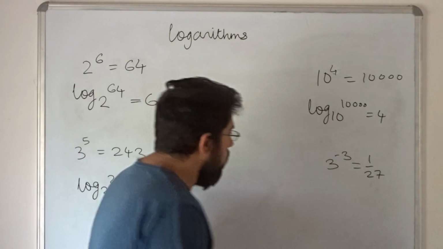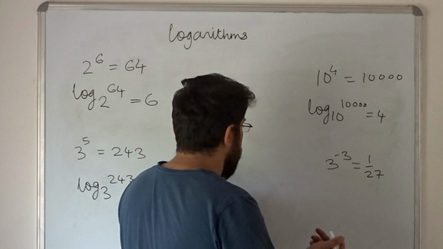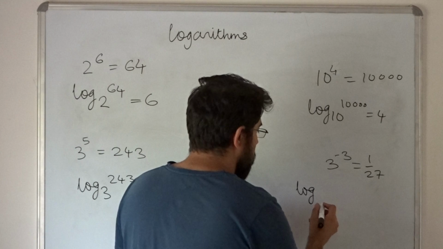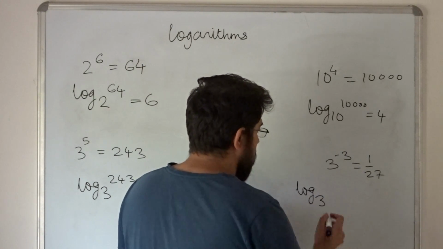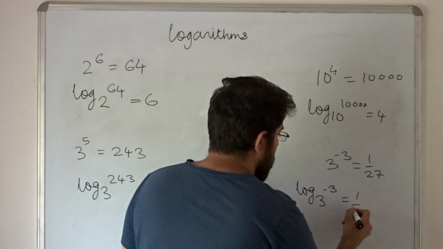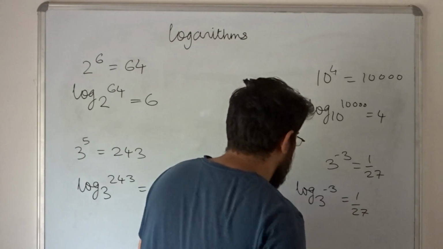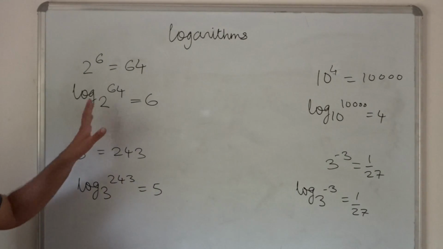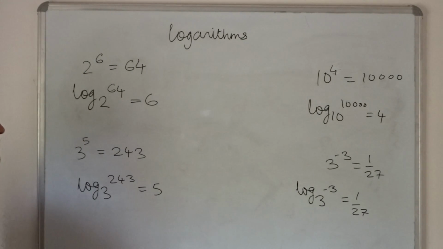Okay, so now this one is also very easy. So this one is log base 3 of 1 upon 27, which equals negative 3. Okay, so now I've already solved all 4 of these.